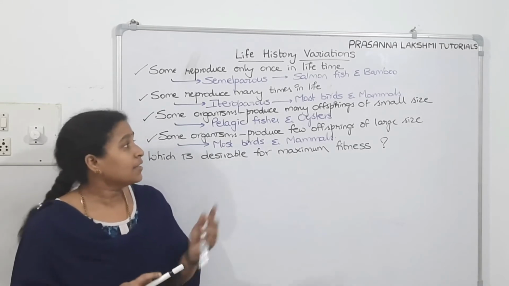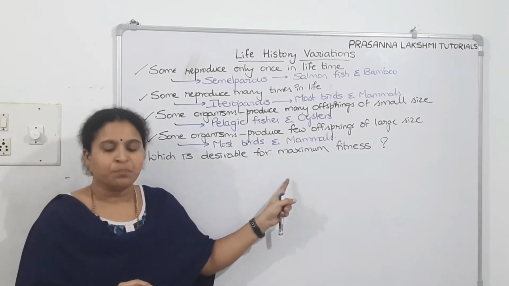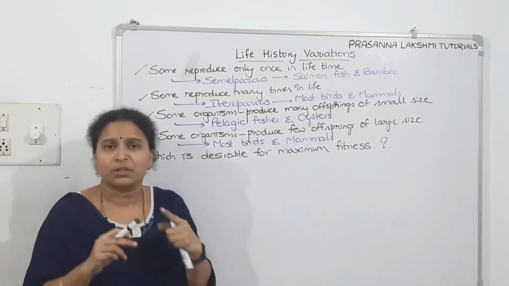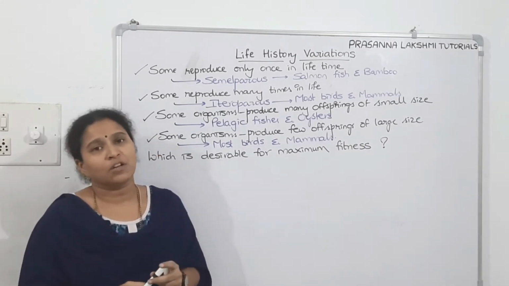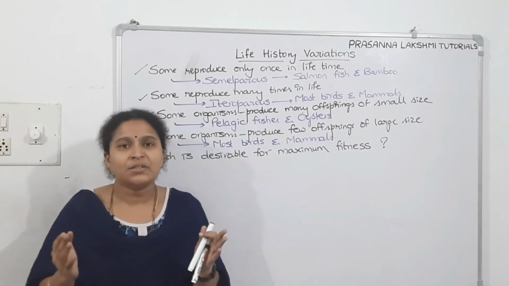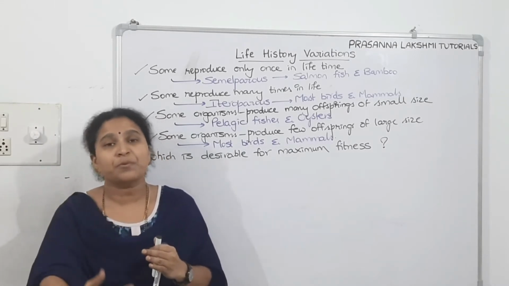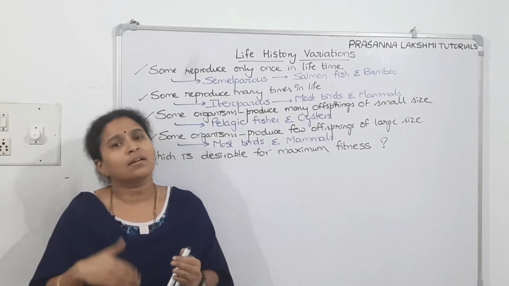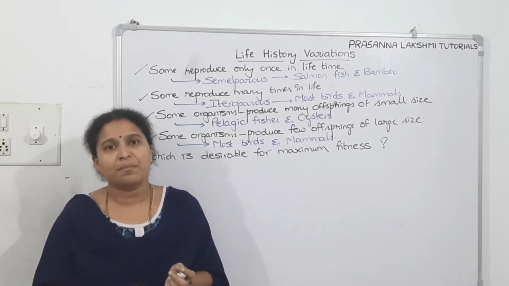Ecologists suggest that these life history traits of organisms have evolved because of the constraints of different abiotic and biotic factors. Even though they have biotic potential, the intrinsic rate of natural increase, if the resources are not there, they cannot reproduce and produce so many organisms.